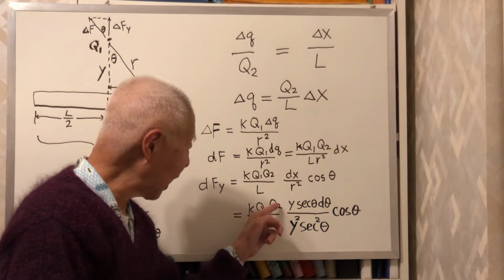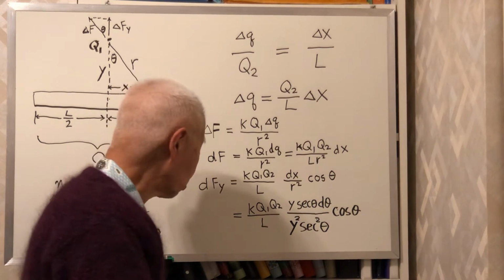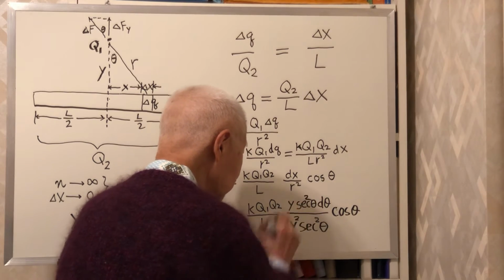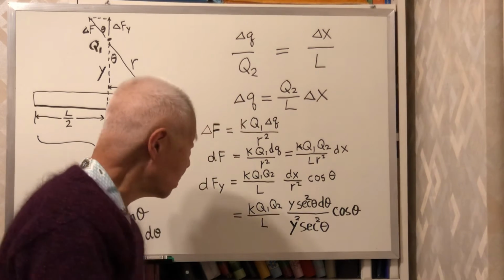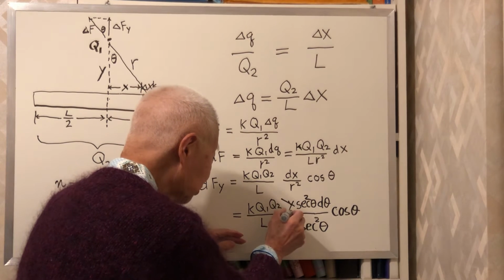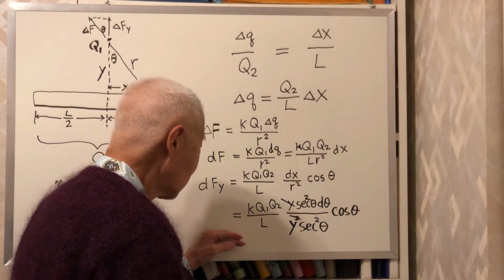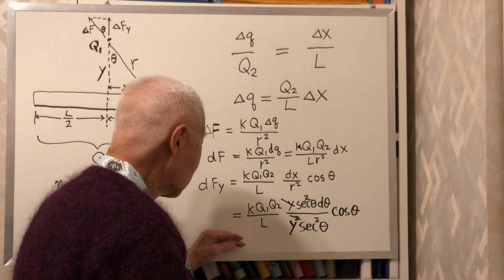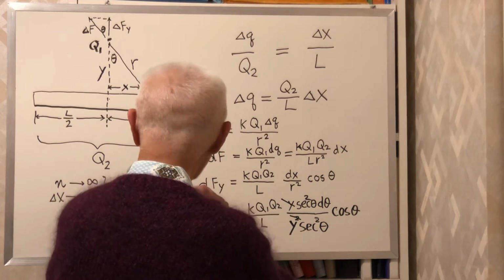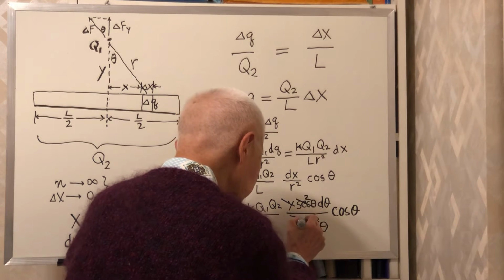Dx is y secant square theta d theta. Okay. This y cancels the square there. Secant square cancels the secant square.